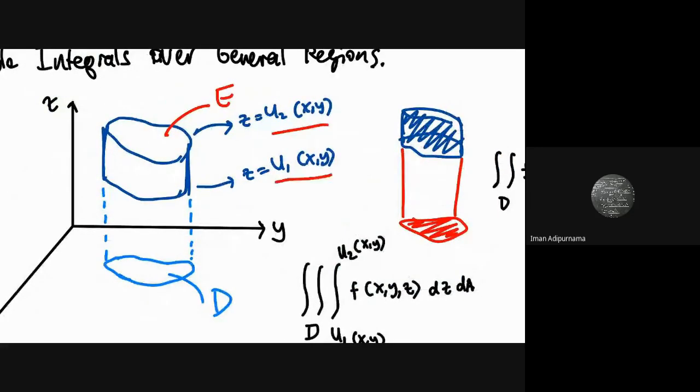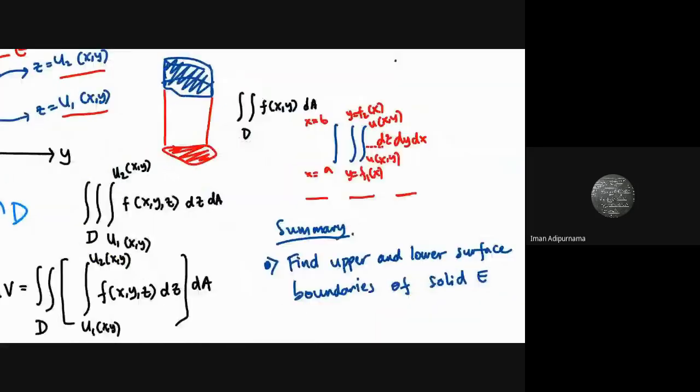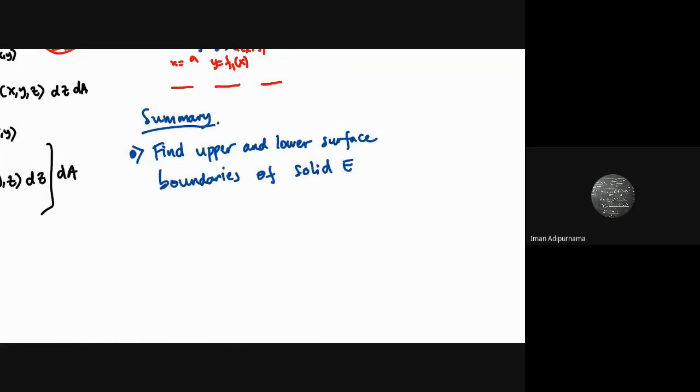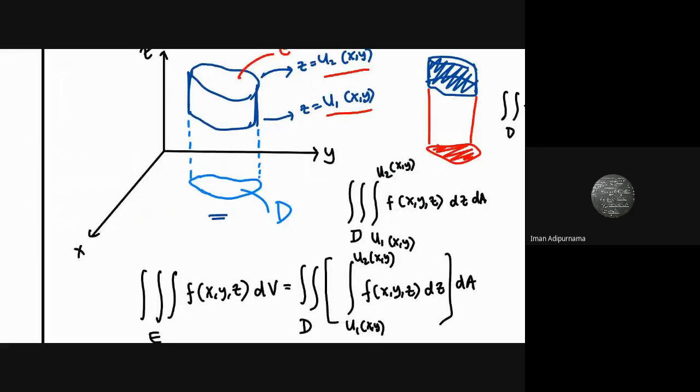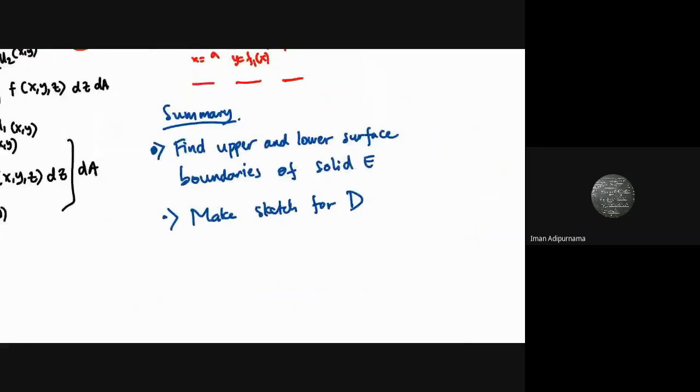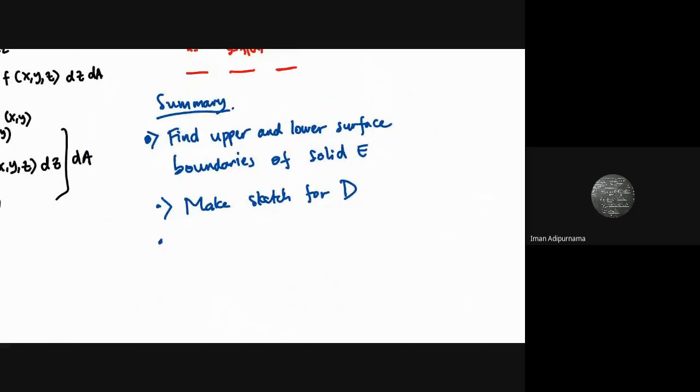You need to define this surface. And then make a sketch for D, the projection. So take the sketch for D here. It's the same thing as the double integral. So then treat it like a double integral.